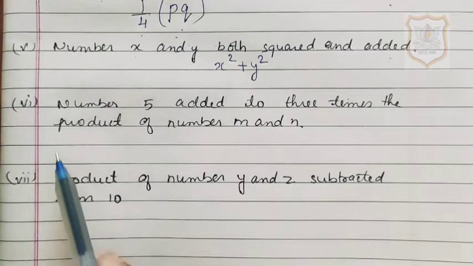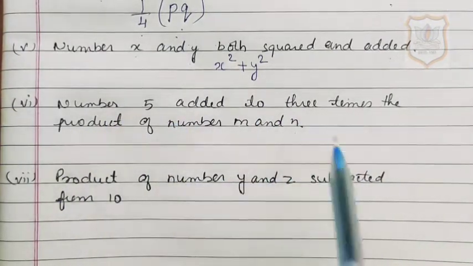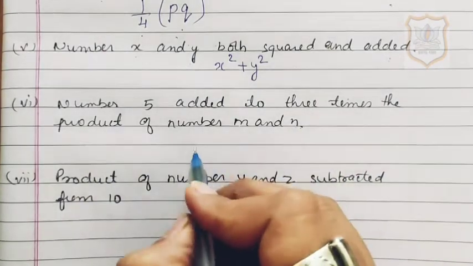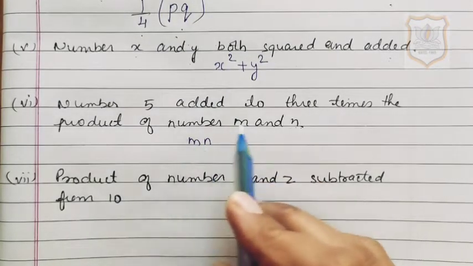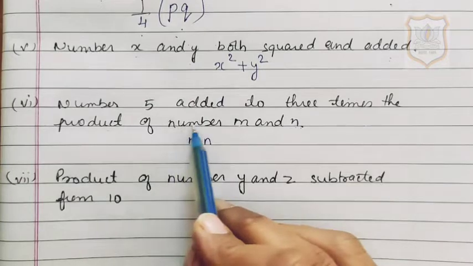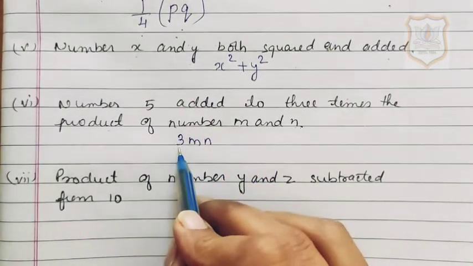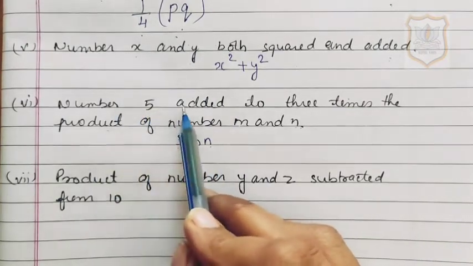Then sixth one, number 5 added to 3 times the product of number m and n. Here again product of number m and n will be mn, and then 3 times the product of number mn will be 3 multiplied by mn. 3 times the product of m and n, and we have to add number 5 to it.